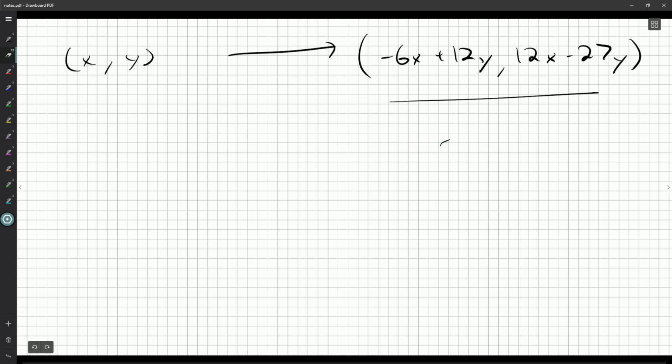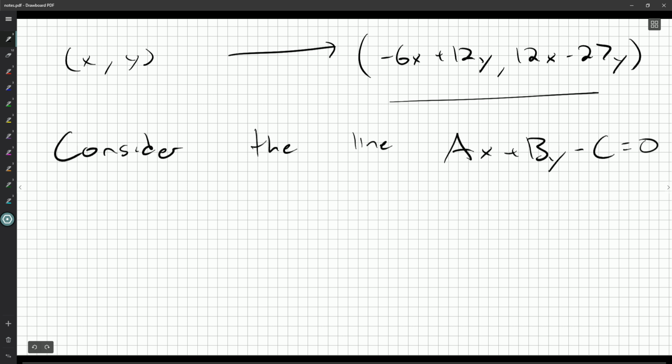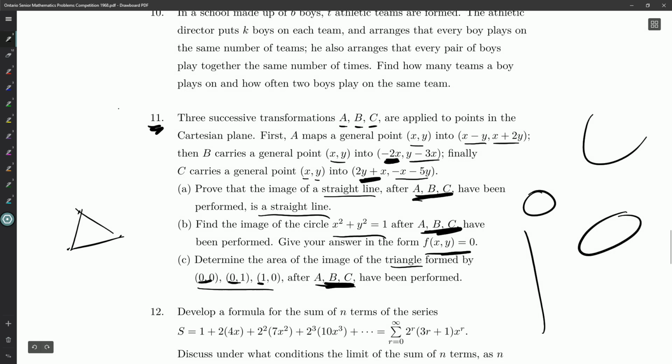So could we use a more general form of the line? I think so. So let's consider the line ax plus by minus c equals 0. The only reason I'm doing it this way is because they had something similar in the b part that I read.